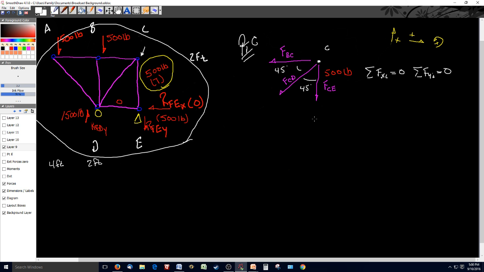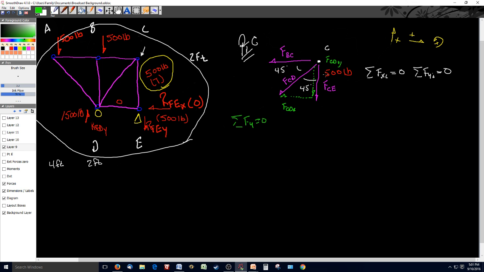So let's talk about the first case, which is looking in the y direction. The summation of the forces in the y direction has to equal 0. I can break my vector FCD into a component that goes in the x direction, FCDX, and a component that goes in the y direction, FCDY. I'll draw that in a little bigger scale here.